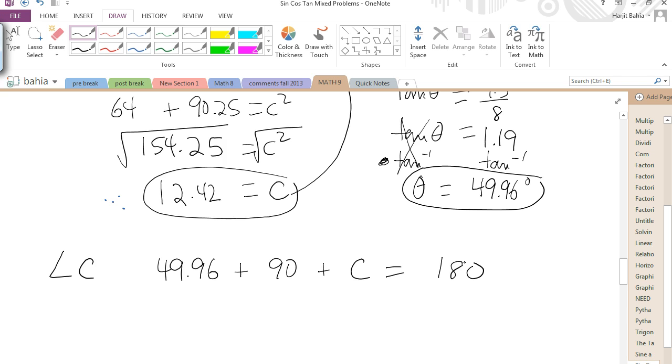You just add these two and subtract from 180, or do it this way: the three angles plus the unknown C give us 180. That plus that gives me 139.96 plus C equals 180. Subtract 139.96 from both sides.